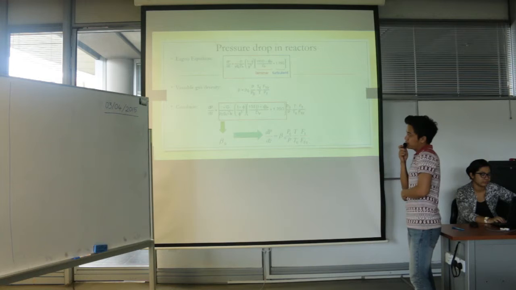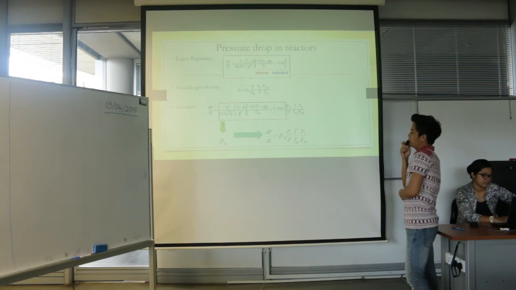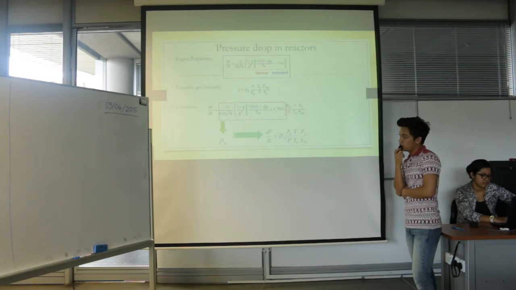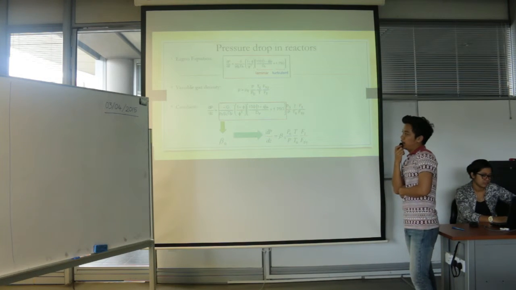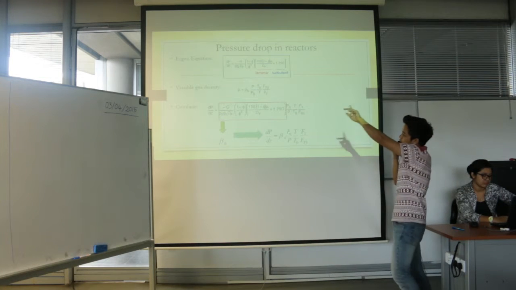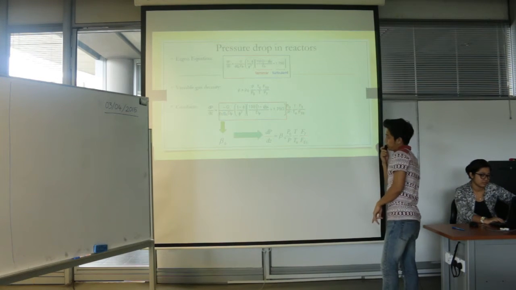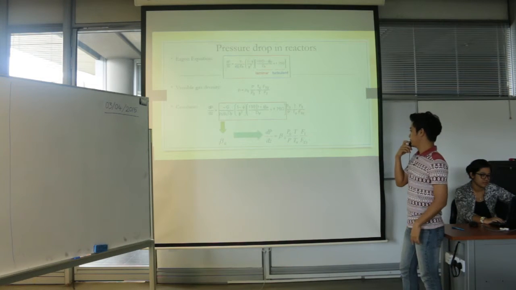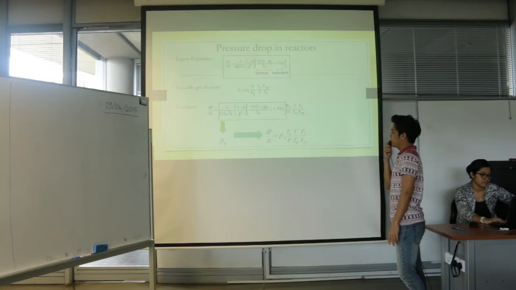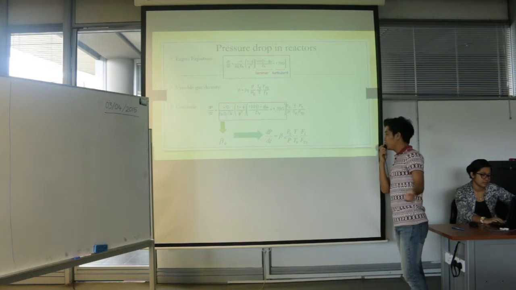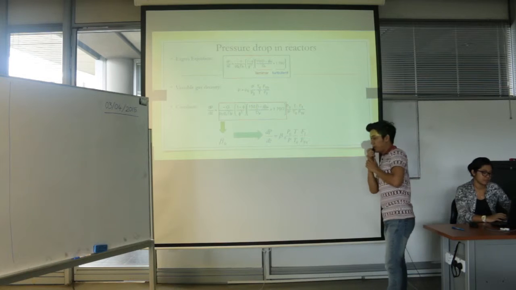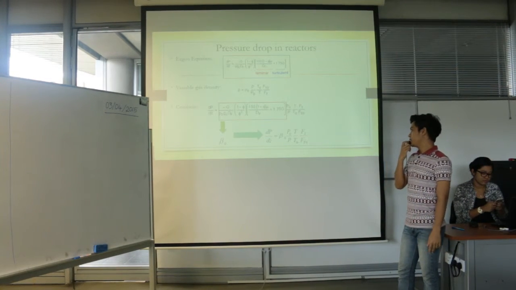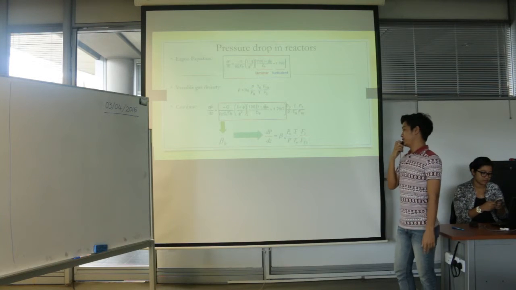And we combine both equations, we get dP over dz equal to negative G over rho0 gc Dp, and then the bracket 1 minus phi, and just multiply with the gas density. Alright, and then the last equation, we get dP over dz equal to beta0 multiplied by pressure, temperature, and flow rate. Alright, next.